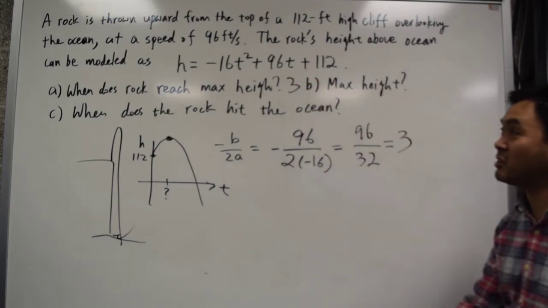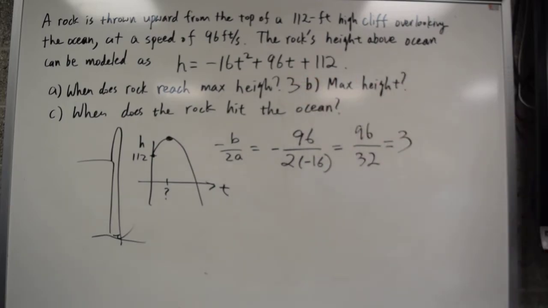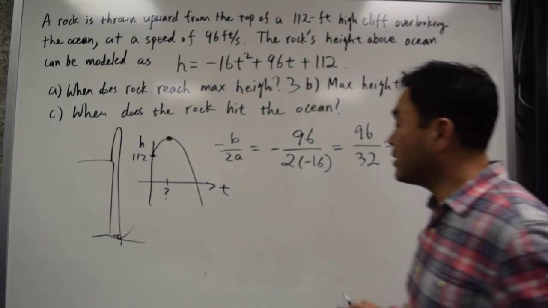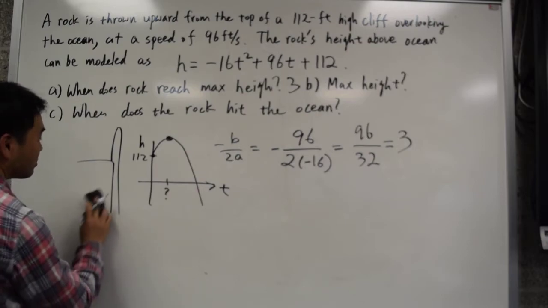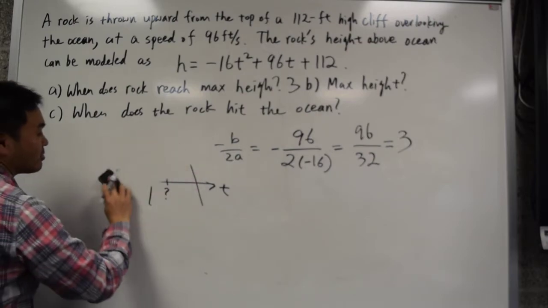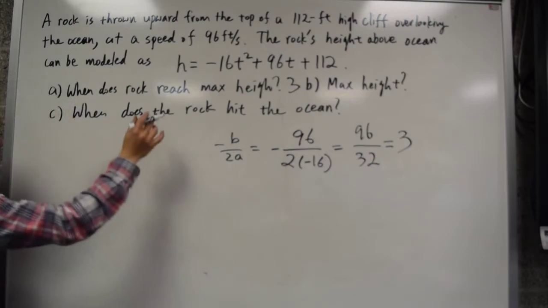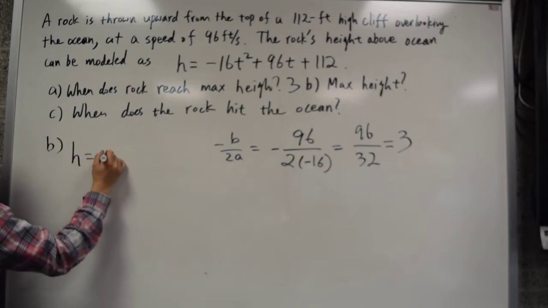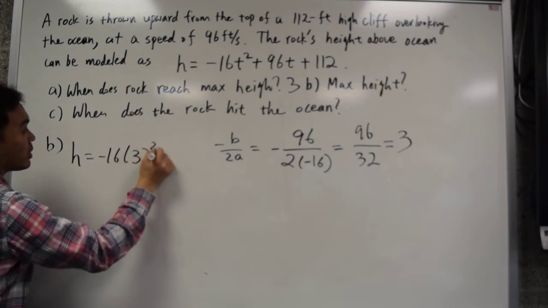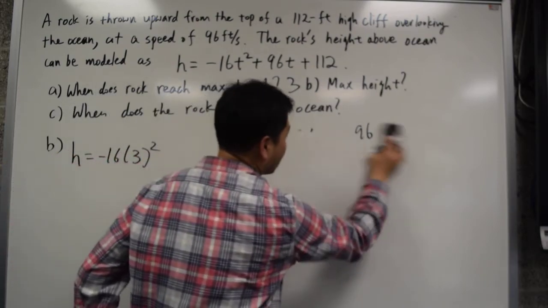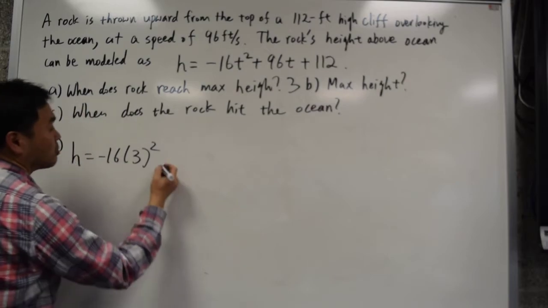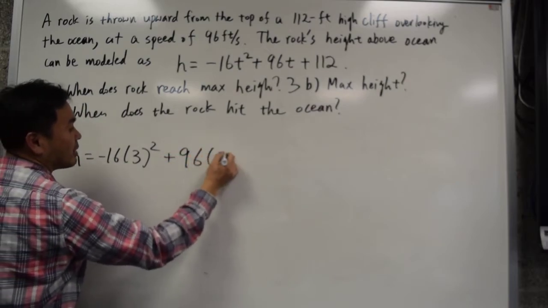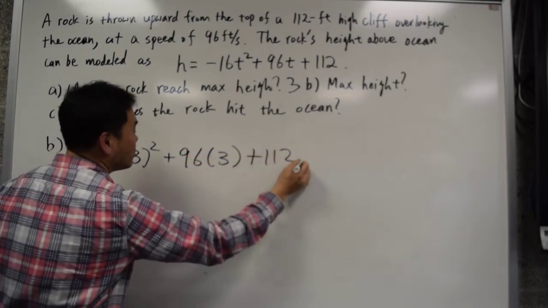At time t equals 3 seconds, it reaches the maximum, and afterwards it falls down. Now, what is the actual maximum height? You just have to know the height at 3. So for part B, compute h equals negative 16 times 3 squared plus 96 times 3 plus 112.